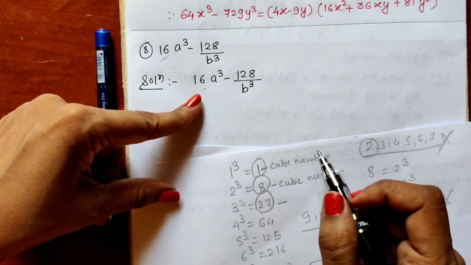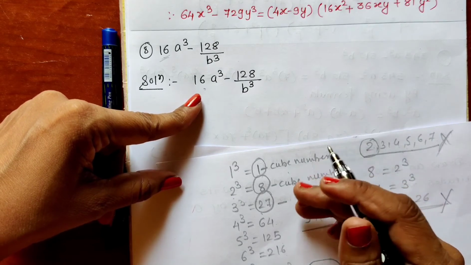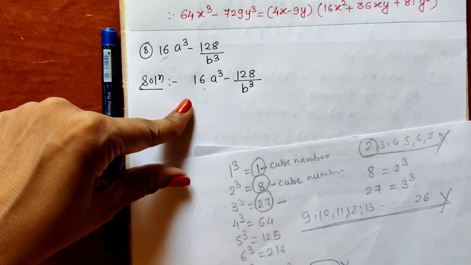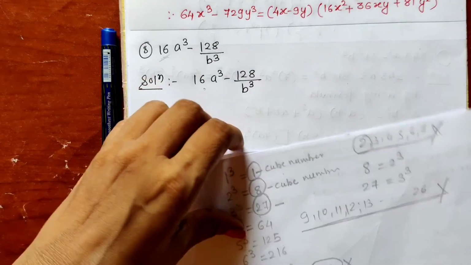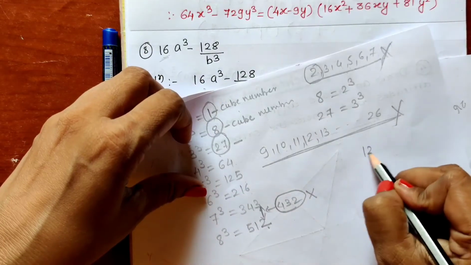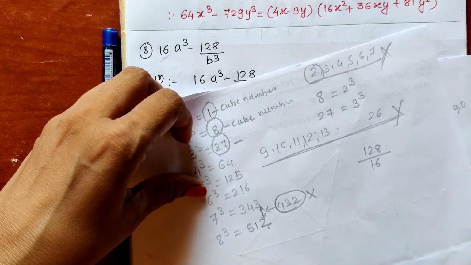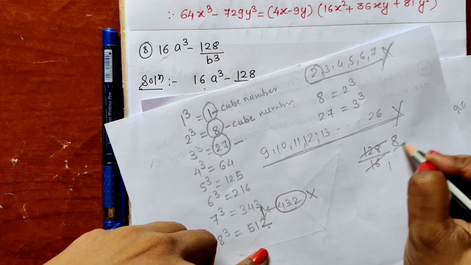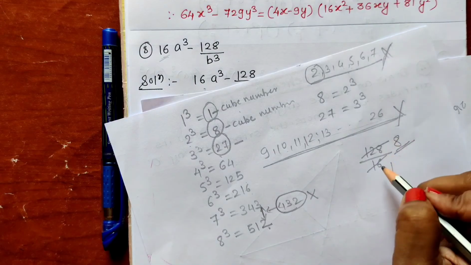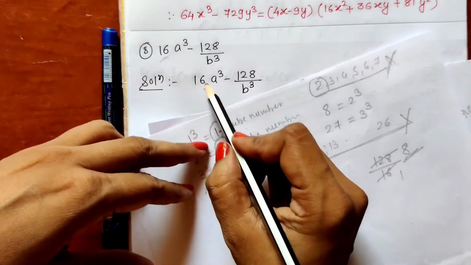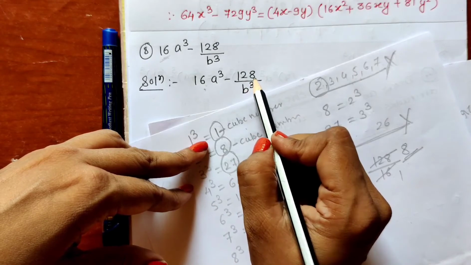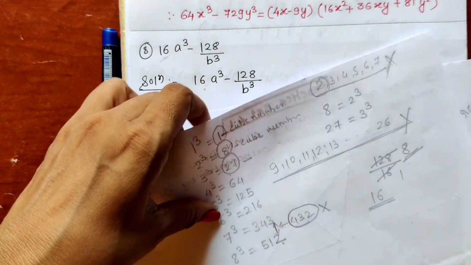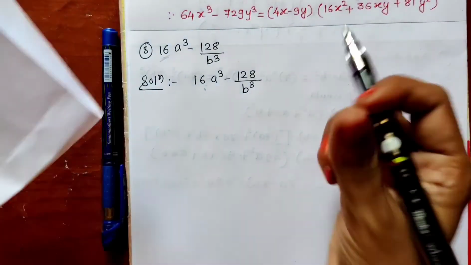If you know the table of 16, you will immediately know that 128 is divisible by 16. So if you divide 128 by 16, what will be the answer? It will be 8, as 16 ones are 16 and 16 eights are 128. So as we can divide 16 by 16 and 128 by 16, we will take out 16 common.